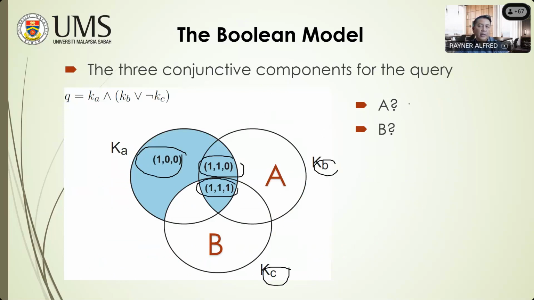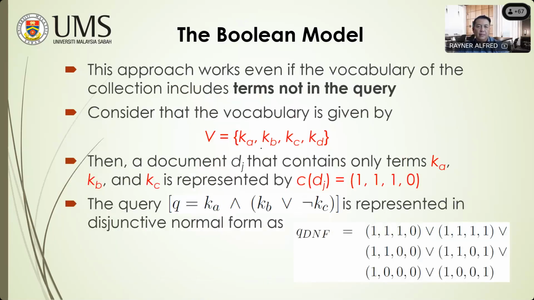So A should be what? We have 0, 1, 0, and B would be 0, 0, 1. Right? So these are the patterns that we are looking for. So we just match with the document.